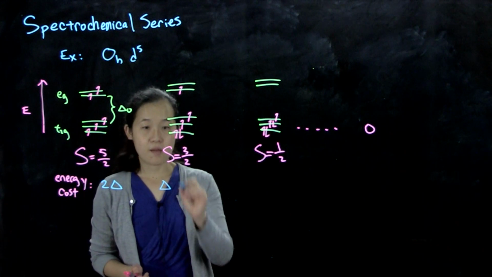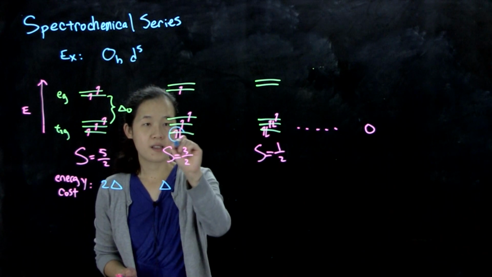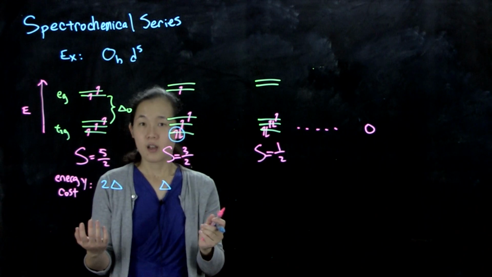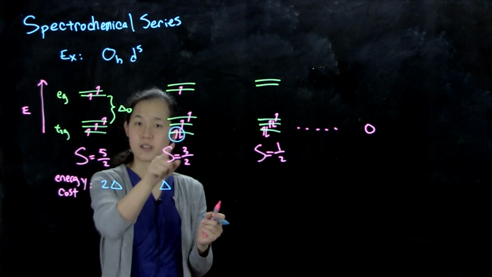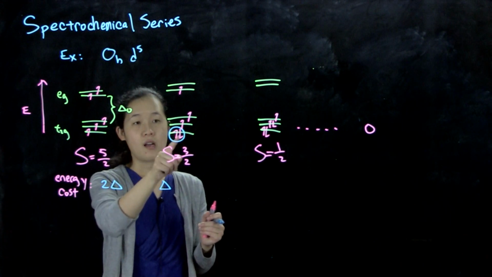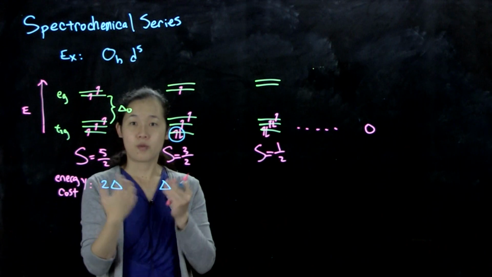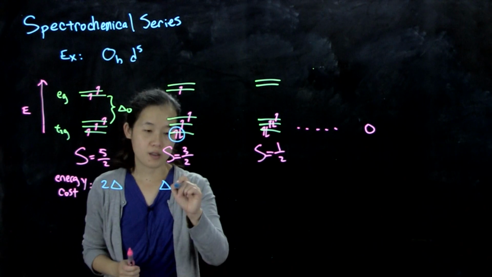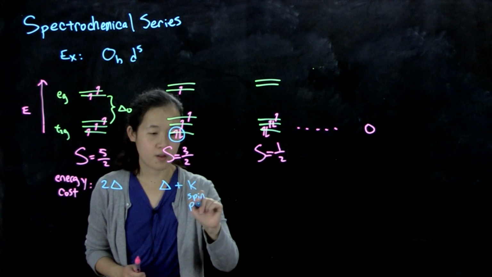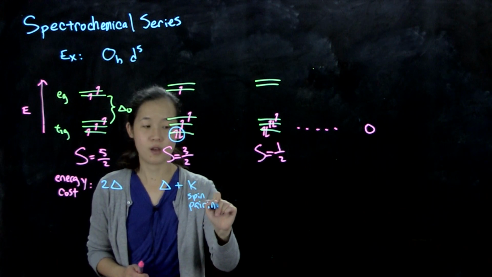But at the same time, we also have this spin pairing energy. If you remember, electrons repel each other. By having to put 2 electrons in that same orbital, so you can see each of these is one orbital, they're degenerate, we have some electron repulsion. So we have what's called K, the spin pairing energy. There's a price to be paid for that as well.